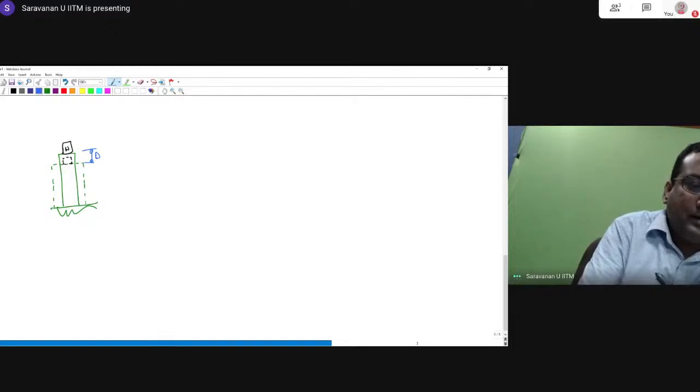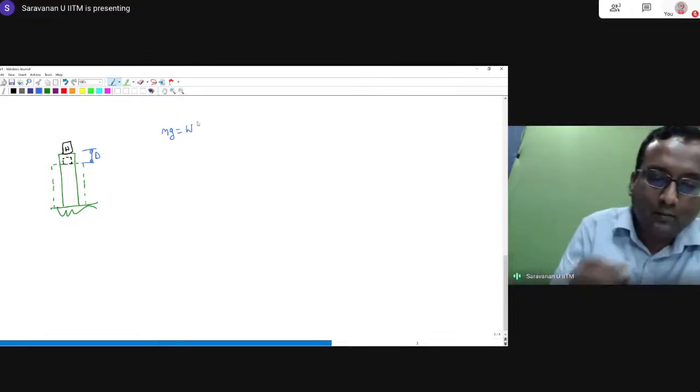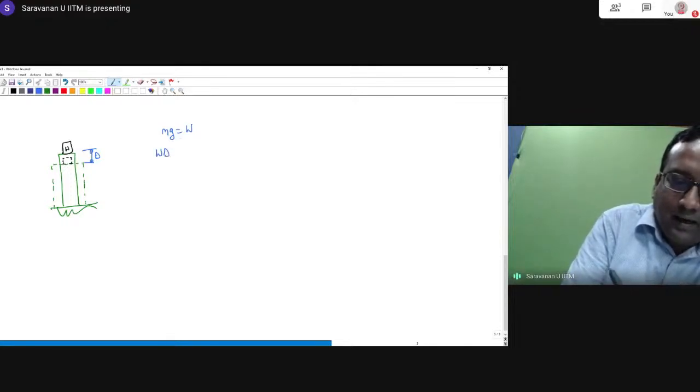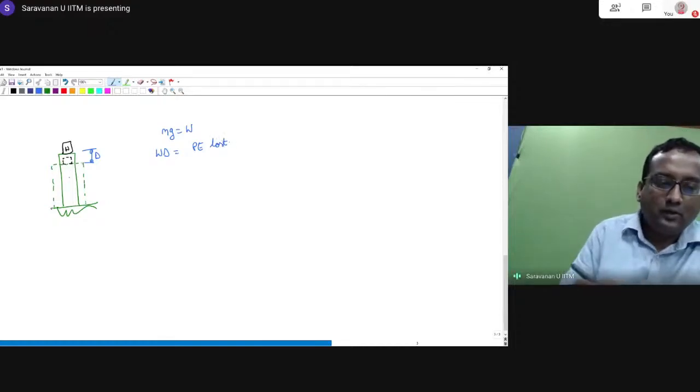The weight has moved down by a distance delta. So mg is W, mass times acceleration due to gravity, the weight of that mass. So W times delta would be the potential energy lost by the mass which has moved down.